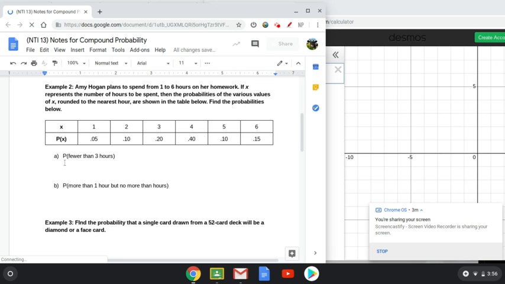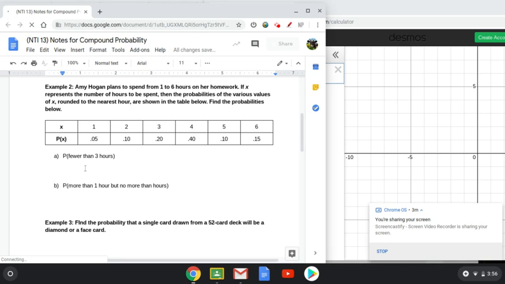Part A asks you this. What's the probability, so that's what that P stands for, that she spends fewer than 3 hours on homework? Well, which options are fewer than 3? Well, 1 and 2. So I want you to read this question in a different way. Instead of saying, what's the probability she spends fewer than 3 hours, I could say, what's the probability that she spends 1 hour or 2 hours on homework?